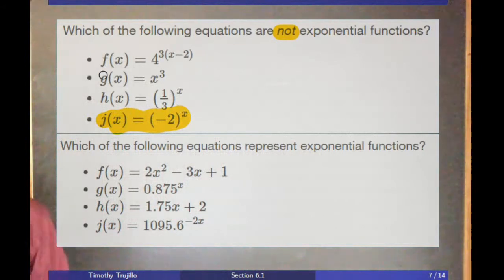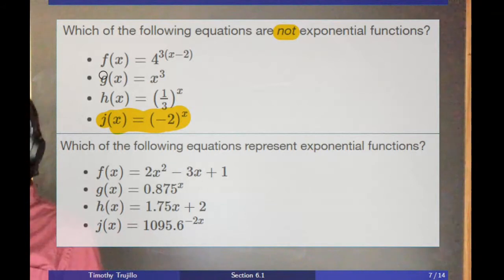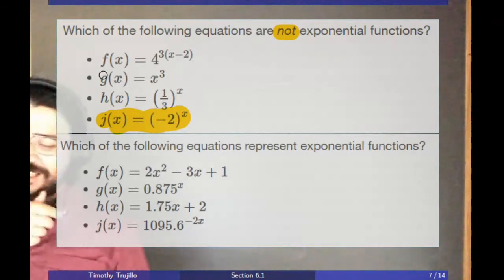What about g of x? Is g of x an example of something that I should highlight? Should we highlight this or not? I guess this is sort of an interesting way of phrasing what I'm saying. Yeah, thank you, Jordan, for clarifying yourself. It is definitely not an exponential.